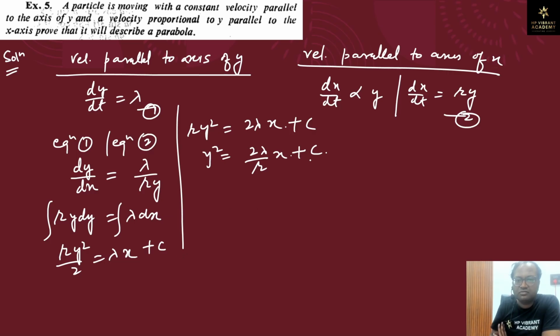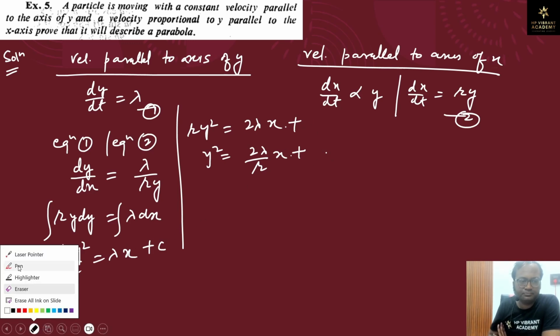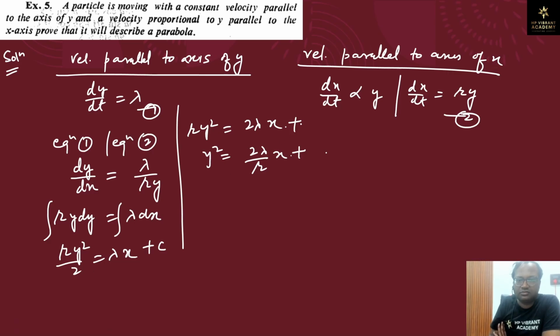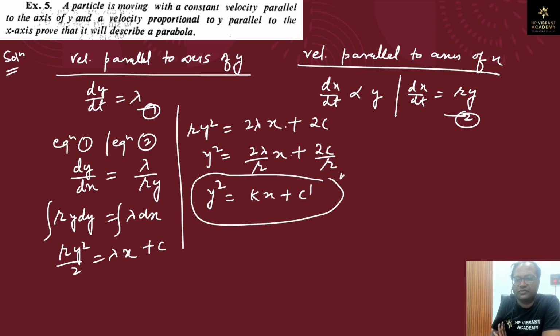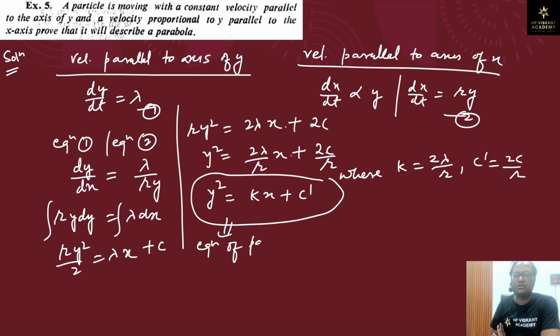Sorry, this will be 2c, and this is 2c upon mu. So y square is equal to kx plus c dash, where k is equal to 2 lambda upon mu and c dash is equal to 2c upon mu. Okay, so this represents the equation of a parabola. So this means it will describe a parabola.